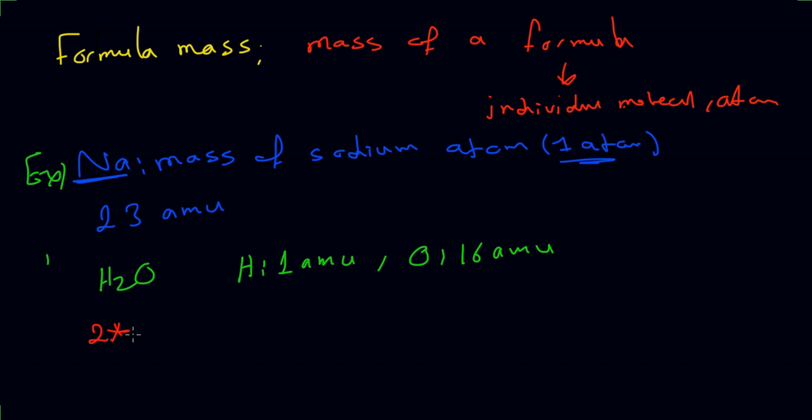I have 2 hydrogen, so 2 multiplied by 1 plus 16, the result is 18 AMU. That's why when you hear the word formula, you have to remember the unit AMU, atomic mass unit, the unit of mass of an atom.